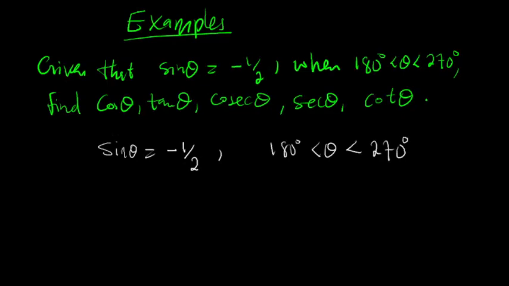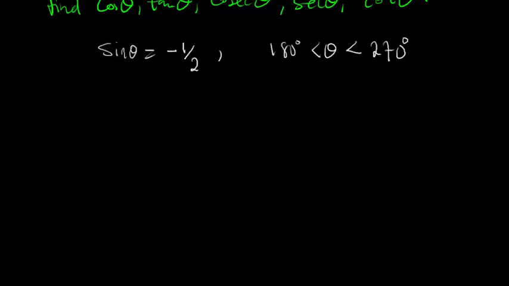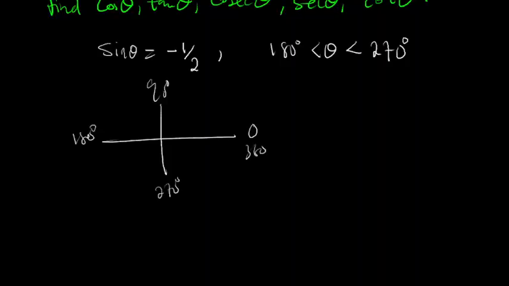Now from the previous video, where do 180 and 270 lie? This is 0, this is 90, this is 180, and this is 270 degree, this is 360 degree. So this is where we have it. And in this quadrant, don't forget, all students take Coke.